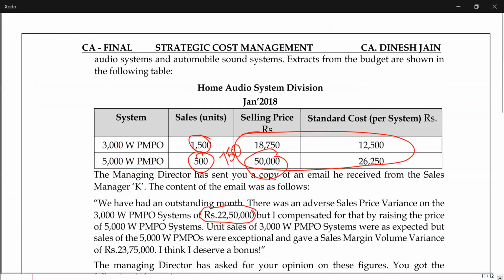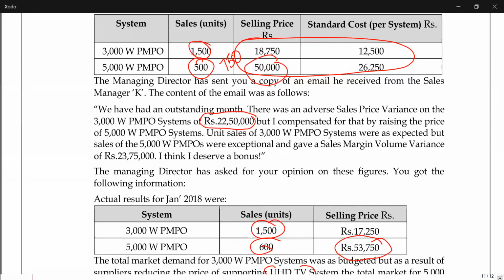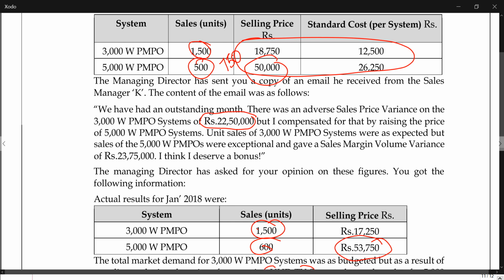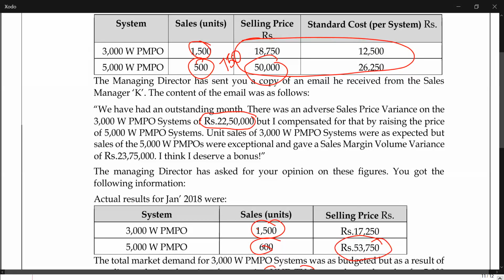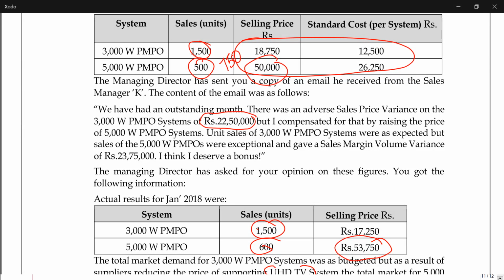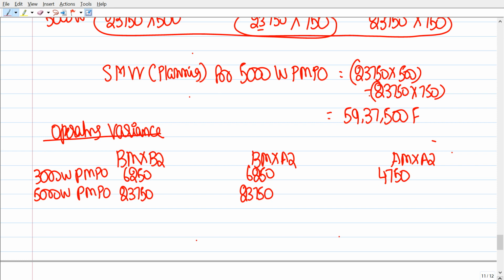What is the AM? 17250 minus 12500, which is 4750, and 53750 minus 26250, which is 27500. Any operating variance, the person is responsible. Any planning variance, the person is not responsible. I will not reward him as well as I will not penalize him.